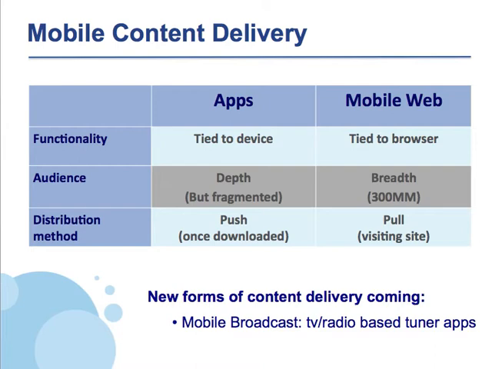On the other side of the spectrum, the audience for the mobile web, that's breadth, meaning that anybody that can access a mobile web page has the capability to do so using the mobile web. Right now, it's estimated that 300 million people have access to the mobile web, either through feature phones, which is very lo-fi, or predominantly through smartphones, which is going to be the key way that folks will be accessing the mobile web, either through that or the browsers on their tablets.